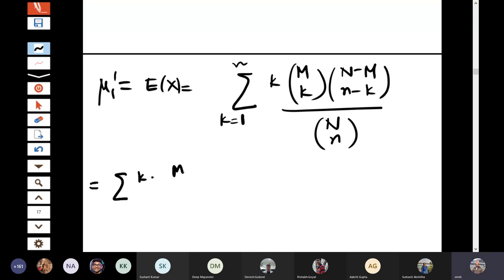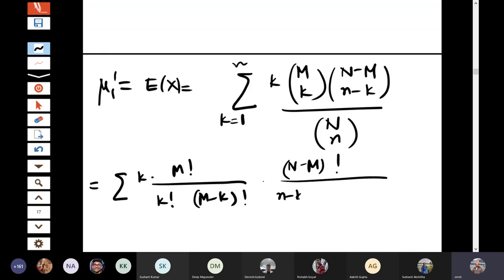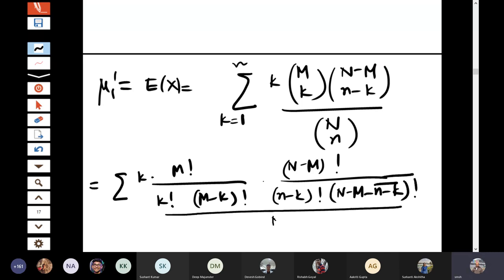k, then M factorial divided by k factorial, and then I will write M minus k factorial, and then you have N minus M factorial divided by n minus k factorial into N minus M minus n minus k factorial, divided by NCn.